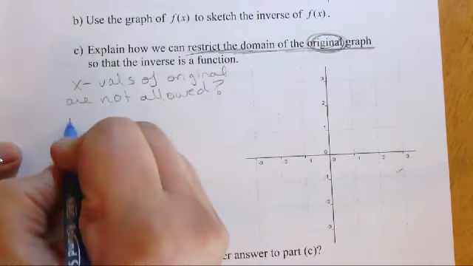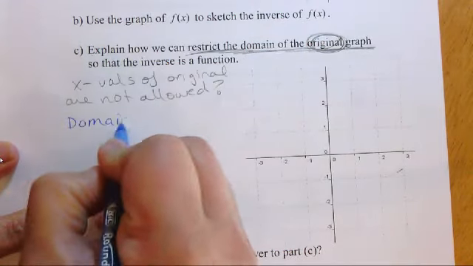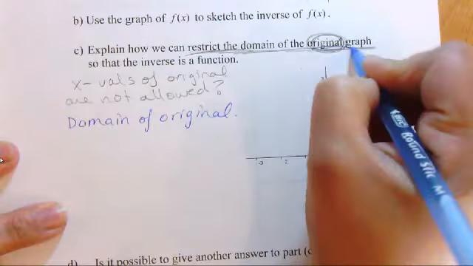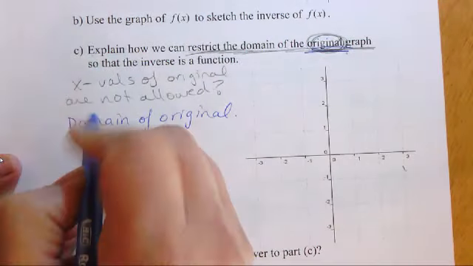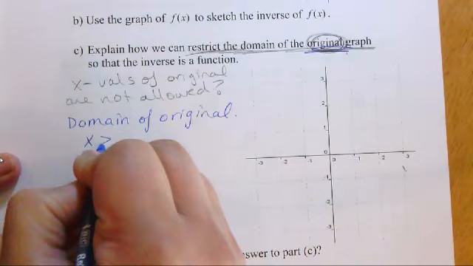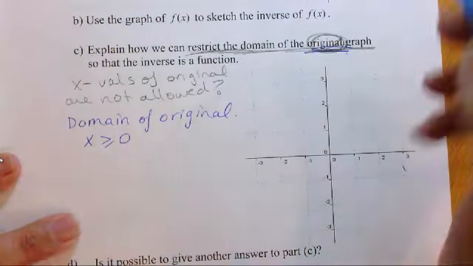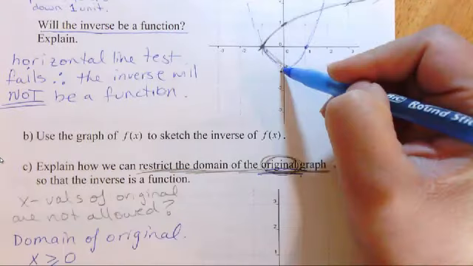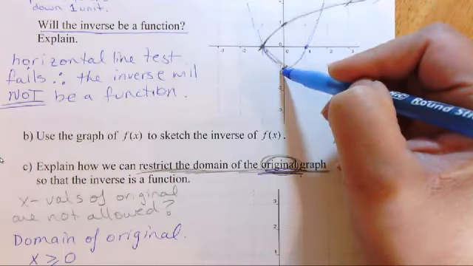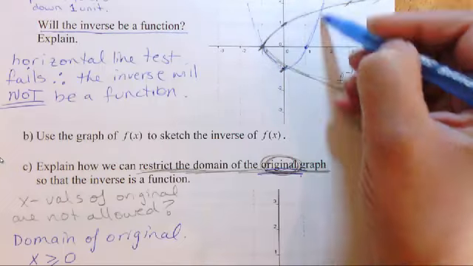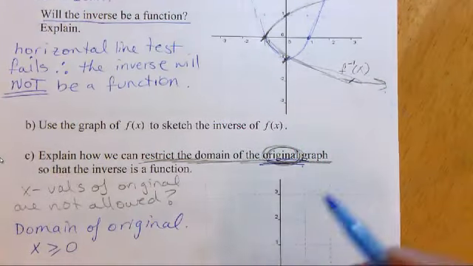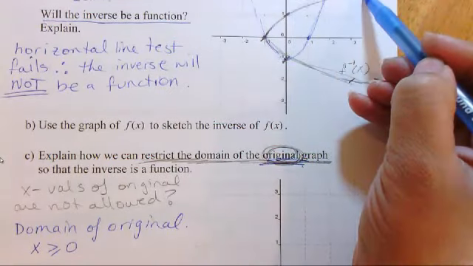So we'll look at the domain of the original. So again, of the original it's talking about. It could either be x is greater than or equal to 0. Okay, so if we do that where x is greater than or equal to 0, then that's talking about this right here. And the inverse of this is going to look like this top part here.